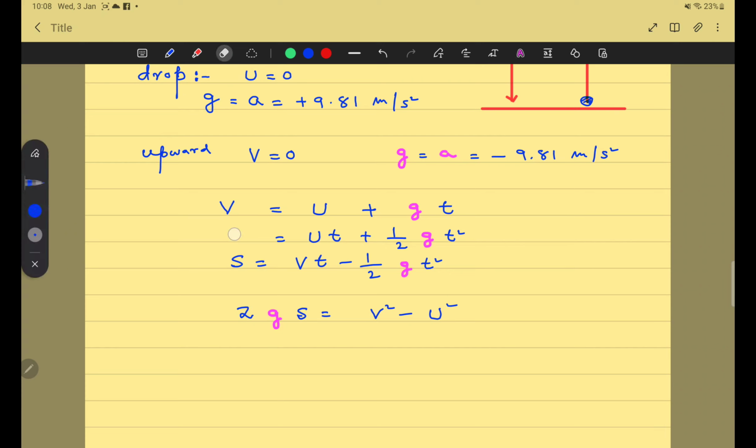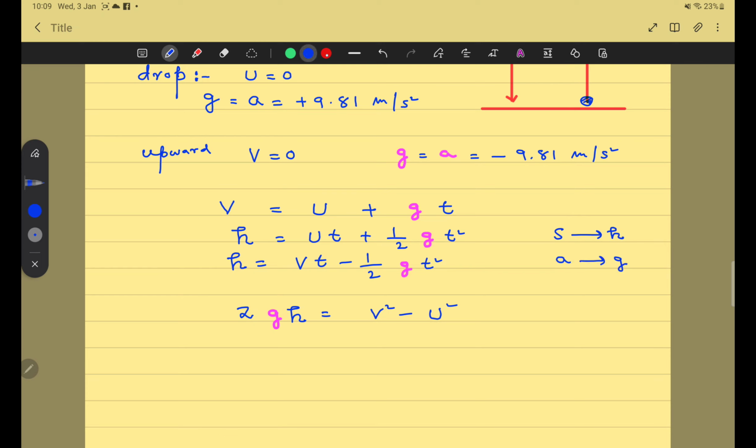It is better if we use height instead of distance, because when an object is moving downward or upward, we call its vertical distance height. So I have replaced distance by height and acceleration by g.